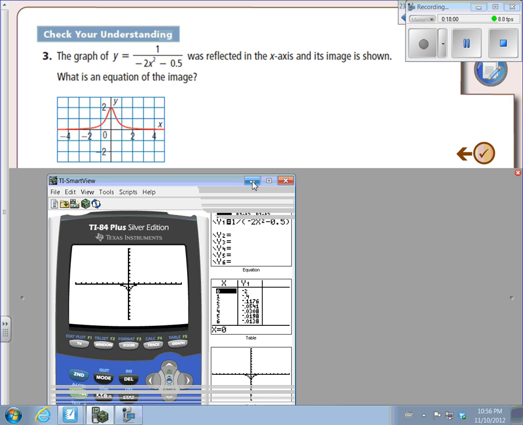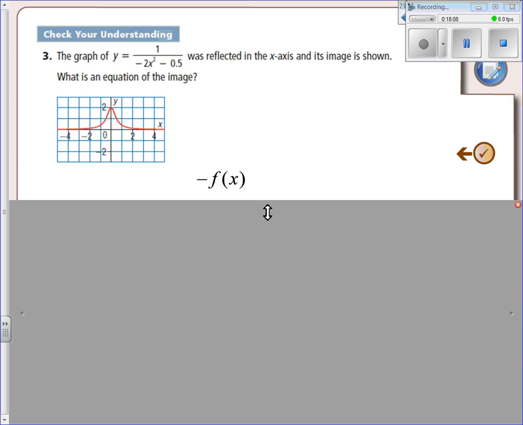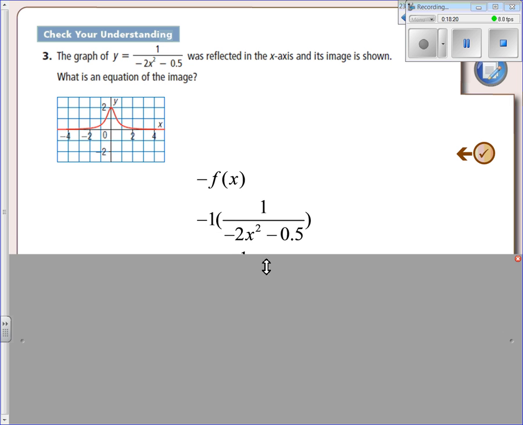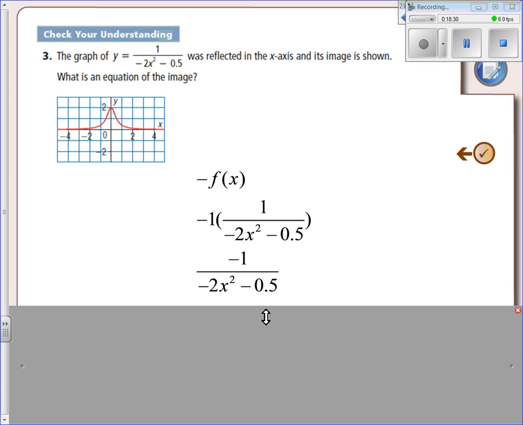Okay, but the question was actually to find the equation of that newly formed image. So to do that, we need to take advantage of our mapping rule for that vertical reflection. That is a rule of negative 1 f of x. So we need to multiply this function by negative 1. So if we do that, you could write it like this, negative 1 times that function. And to simplify that function, we could just multiply the numerators together.